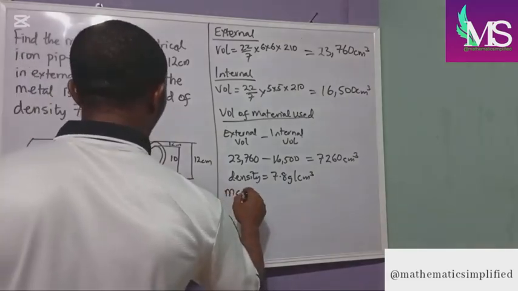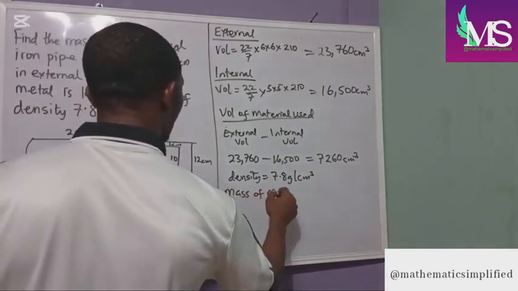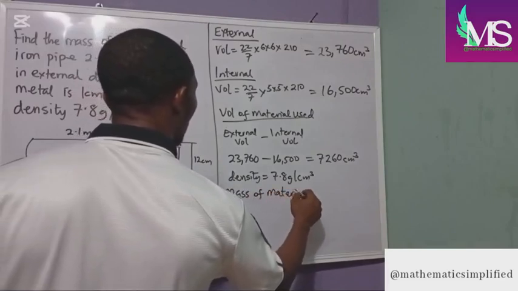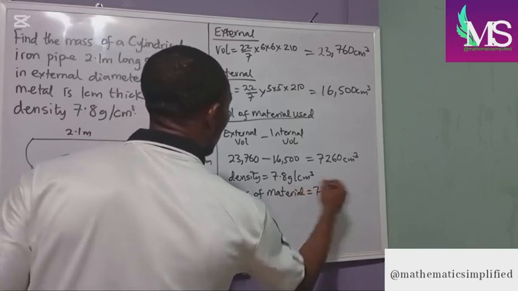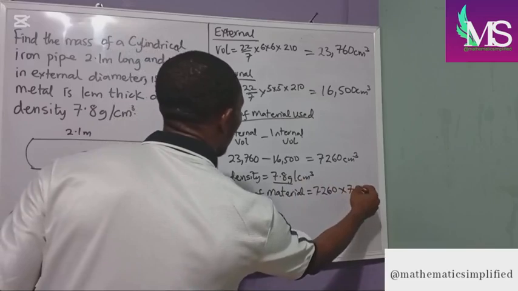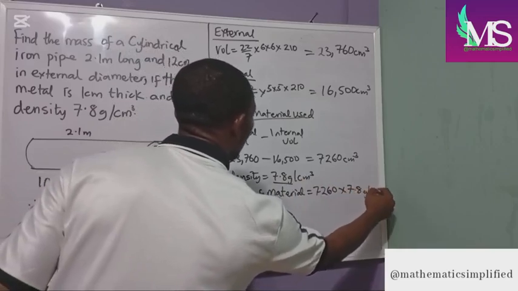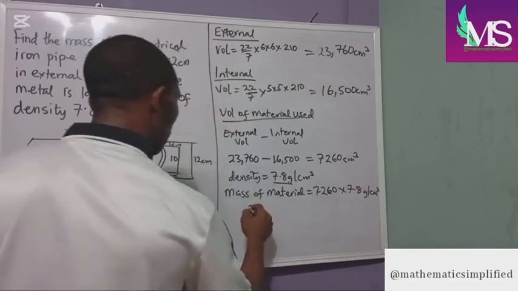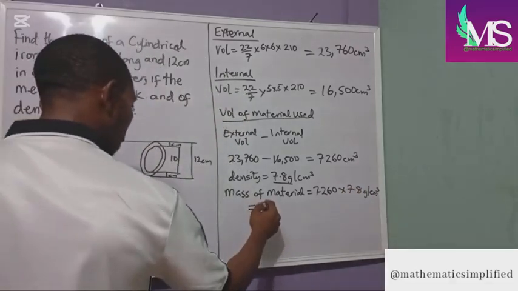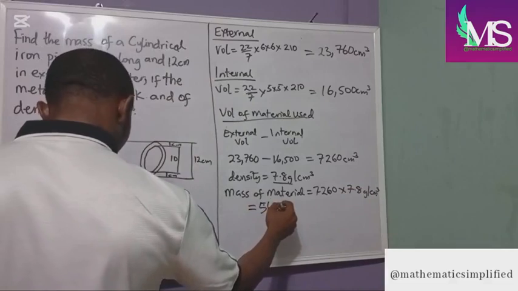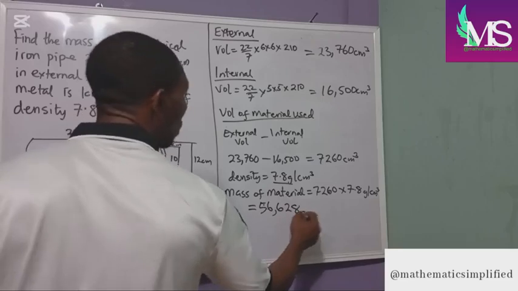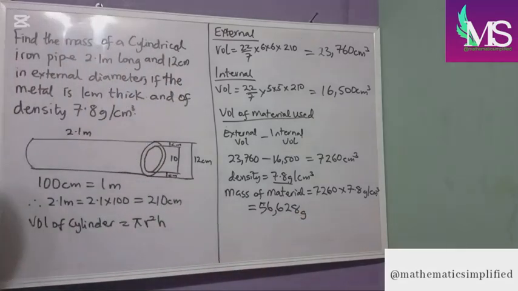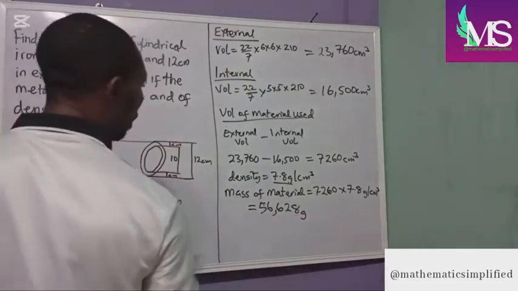Mass of material, we are going to have 7,260 times 7.8 grams per cm cube, which will give us 56,628 grams.